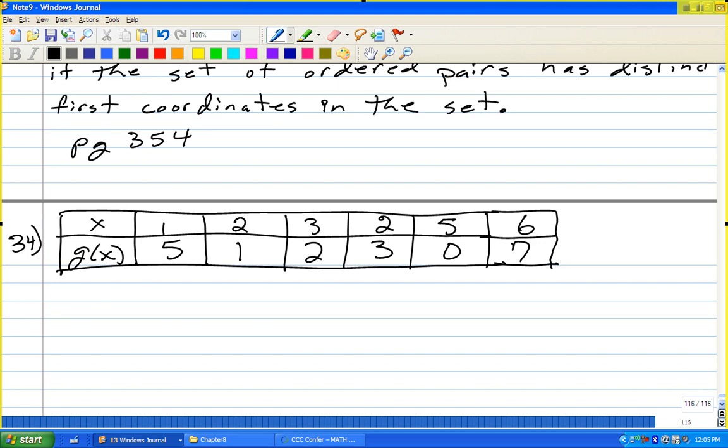And so let's check to see if this is a function or not. Basically I want to see if there are repeats for the first coordinate. Well, if I look here, notice that if I input 2, then I have different outputs.